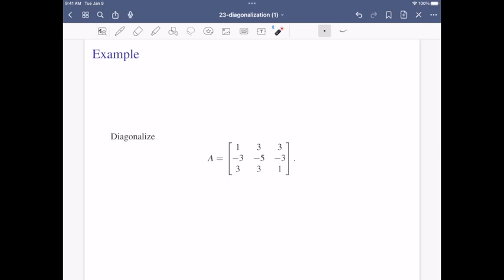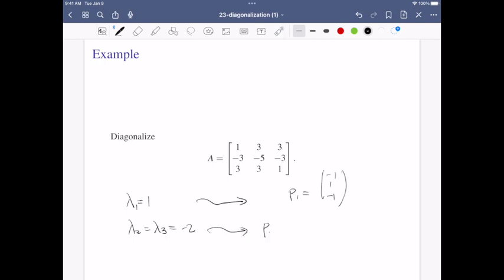The answer should be: lambda 1 equals 1, but lambda 2 and lambda 3 are both negative 2. So from here we can have P1 equals negative 1, 1, negative 1. And P2 is negative 1, 1, 0, and P3 is negative 1, 0, 1.